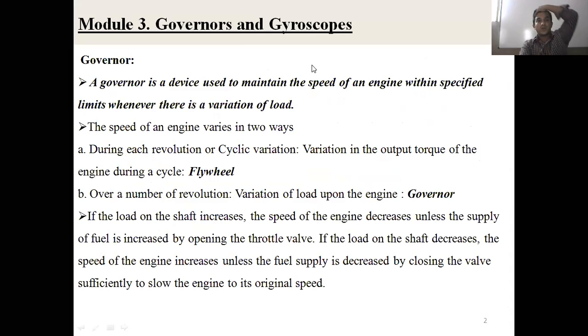Yes. Any doubt regarding this session? You can unmute yourself and ask the doubt. Yes.